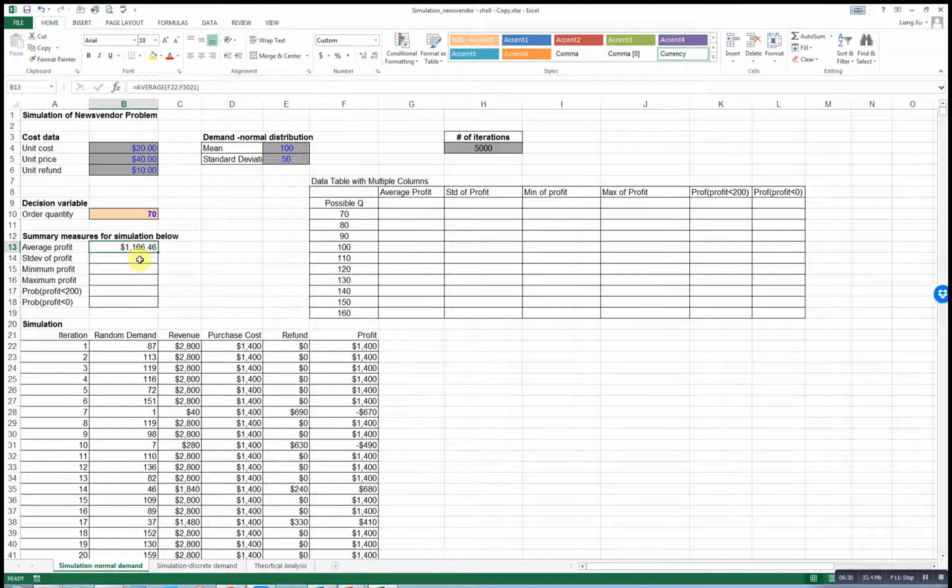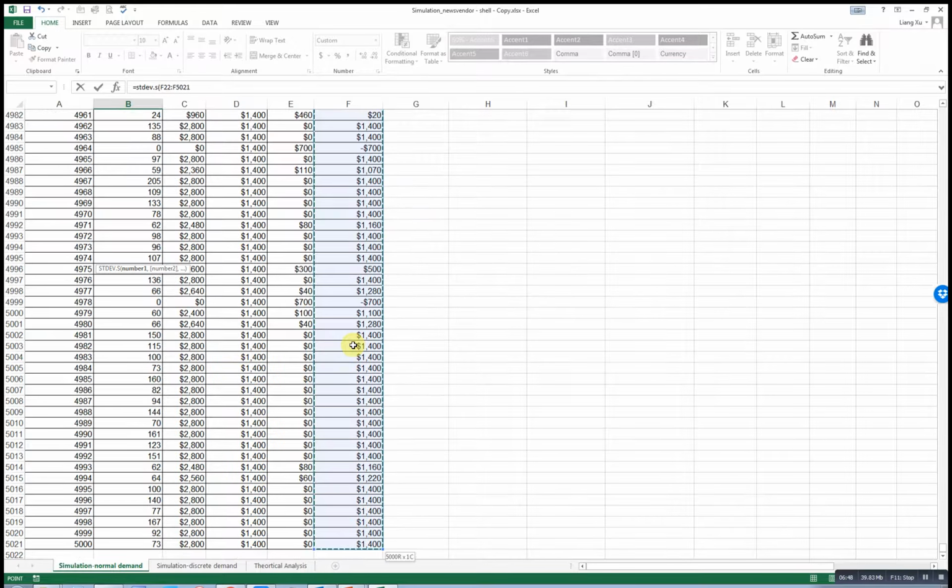And you can also look at the standard deviation of the profit you earn. So let's use standard deviation, the S represents sample, because this is a sample. And the standard deviation is quite large. It's about half of the average profit.